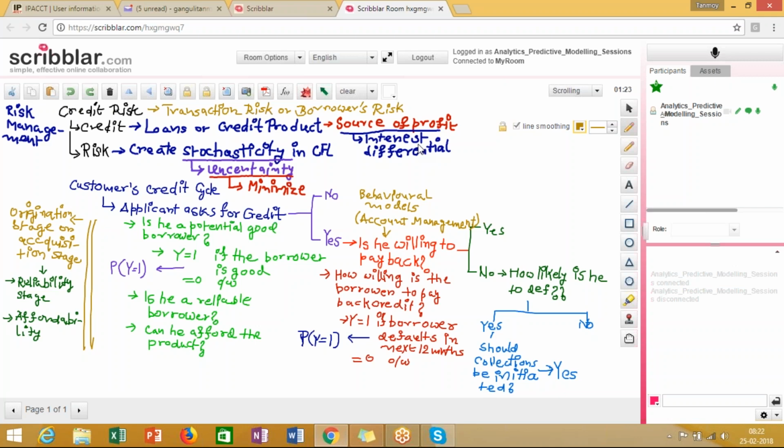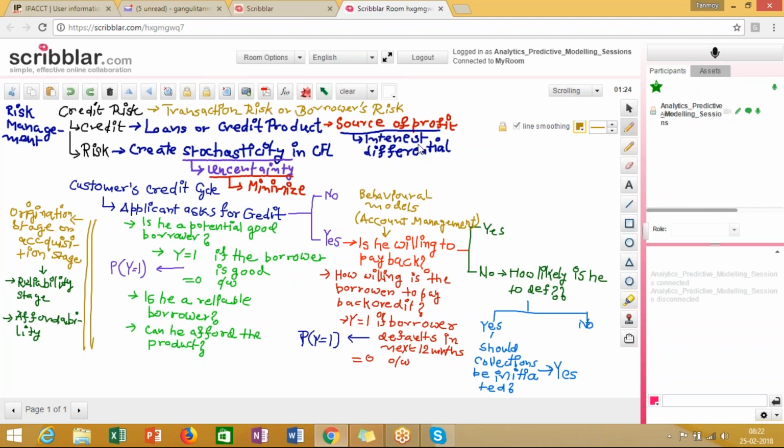Just one question: this transaction is with respect to the bank, or the household persons, the customers? The transaction happens between the obligor and the bank. If I take a personal loan, the bank will tell me that on 25th of Feb you have taken a personal loan, and on the next 25th of every month you need to keep on paying this loan's EMIs to me for the next 60 months. That's a transaction.